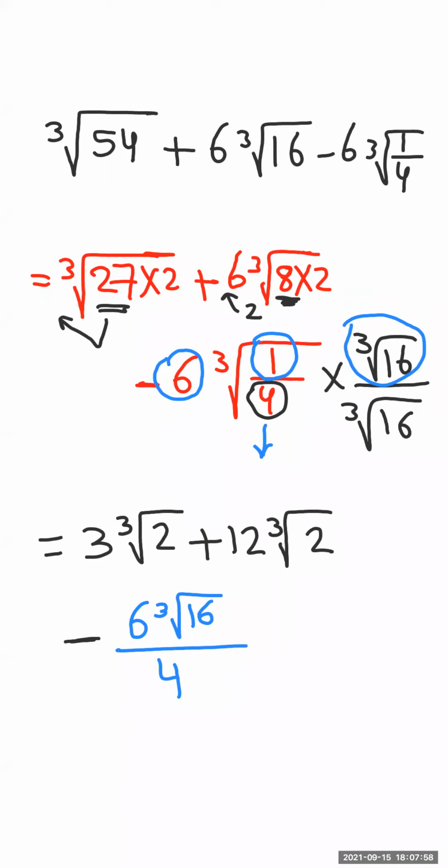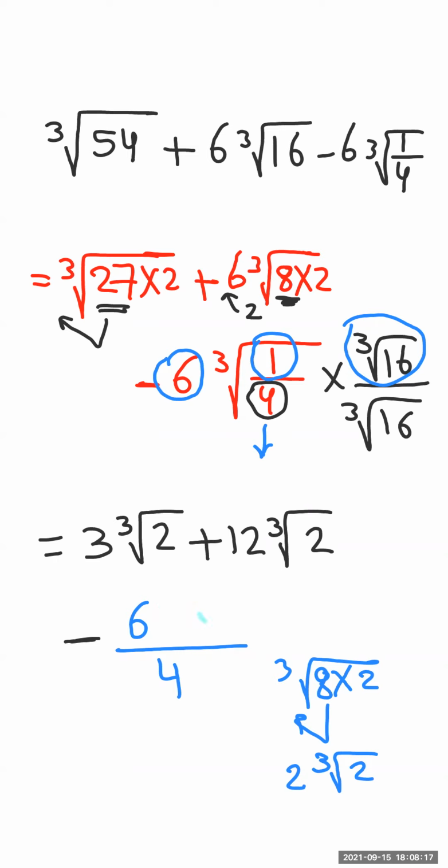It's a cubic root of 16, which means cubic root of 8 times 2, correct? This 8 will equal 2, then cubic root of 2. So cubic root of 16 becomes 2 cubic root of 2. So times 2 cubic root of 2. 6 times 2 means 12. So it's 12 cubic root of 2, right?